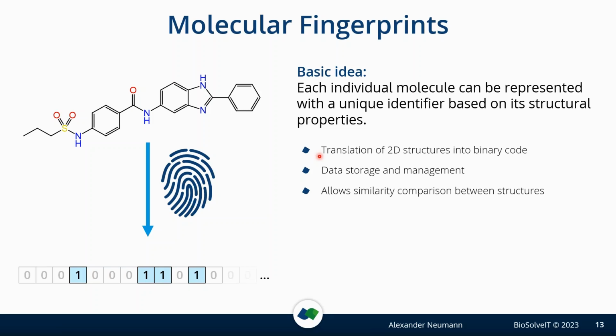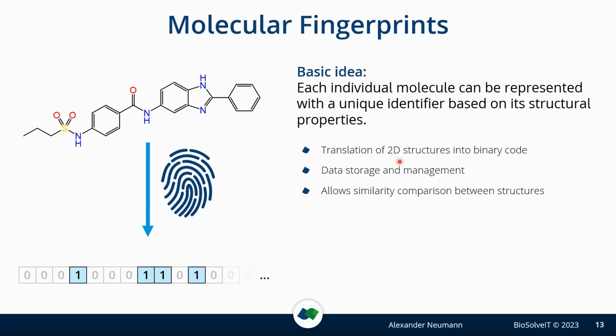In other cases, we could also use SMILES codes to see what a compound would look like if we just write it out. But it's difficult to compare SMILES strings with other SMILES strings. So this is not a trivial matter per se. But we can do something by translating this structure into a long chain of zeros and ones.